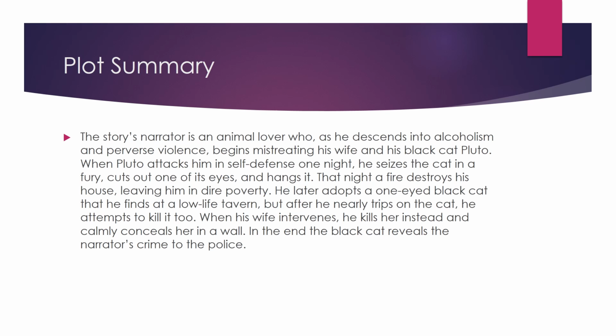He later adopts a one-eyed black cat that he finds at a low-life tavern. But after he nearly trips on the cat, he attempts to kill it too. When his wife intervenes, he kills her instead and calmly conceals her in a wall. In the end, the black cat reveals the narrator's crime to the police. So this is a very short summary of the short story The Black Cat.